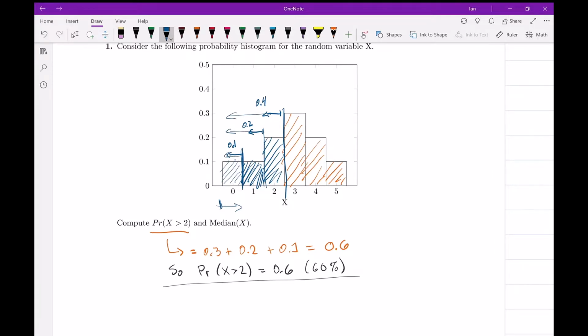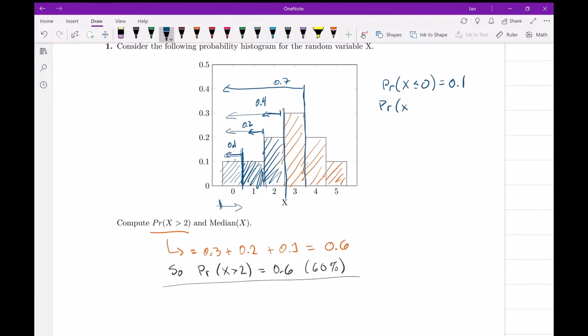And then at 3, if I include the rectangle around 3, what do I get? Well, I get 0.3 plus everything I had before, which is 0.4. So I get 0.7. So in the language of probabilities, we have probability x less than or equal to 0 equals 0.1.